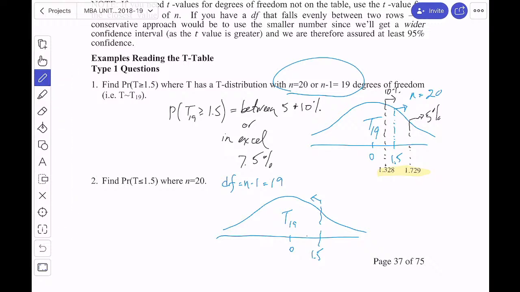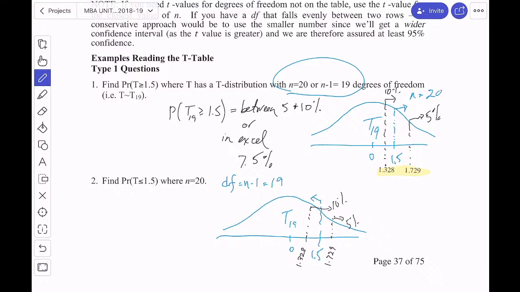Using the table, I know that right here is 1.328, and over here is 1.729, and that marks 5% this way and 10% this way.